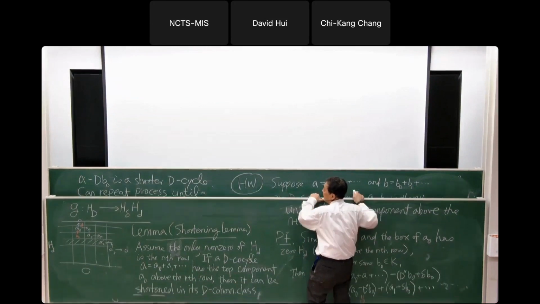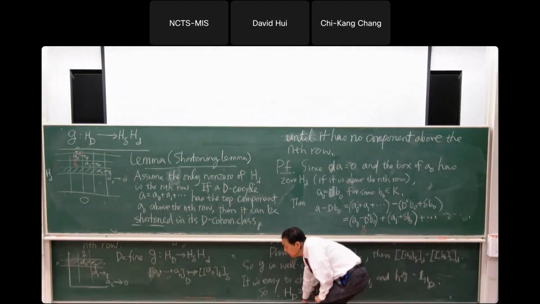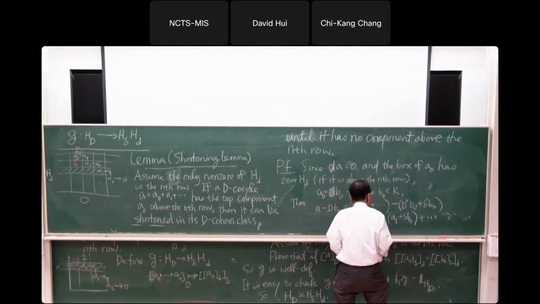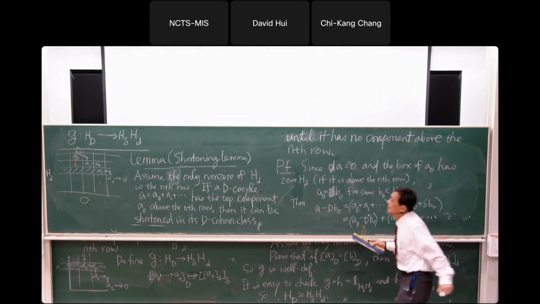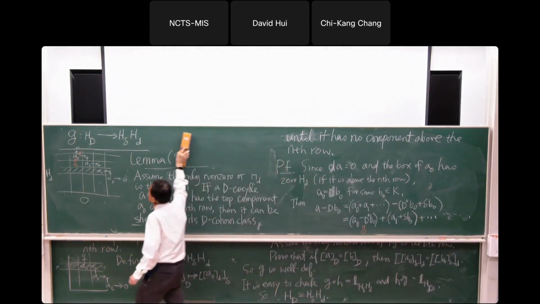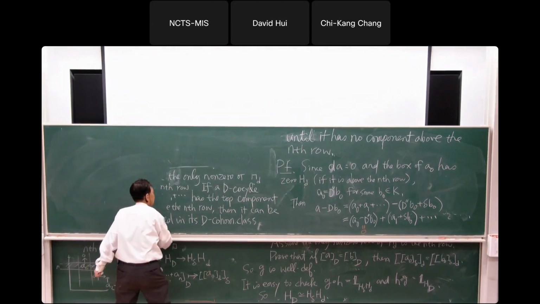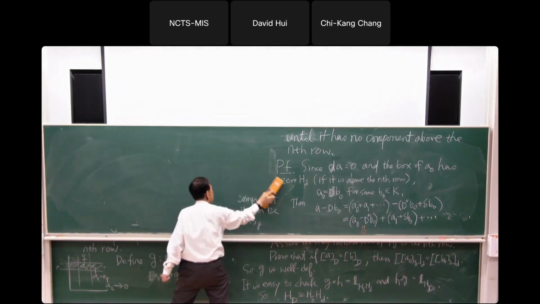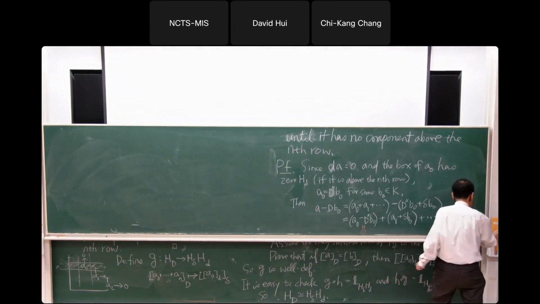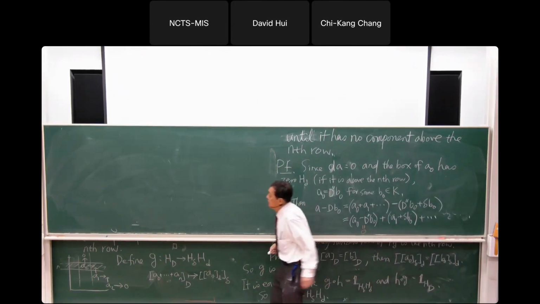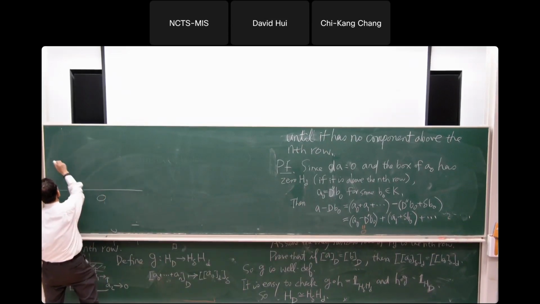Now, what if you start with HD having one non-zero column? So suppose now the picture is this.